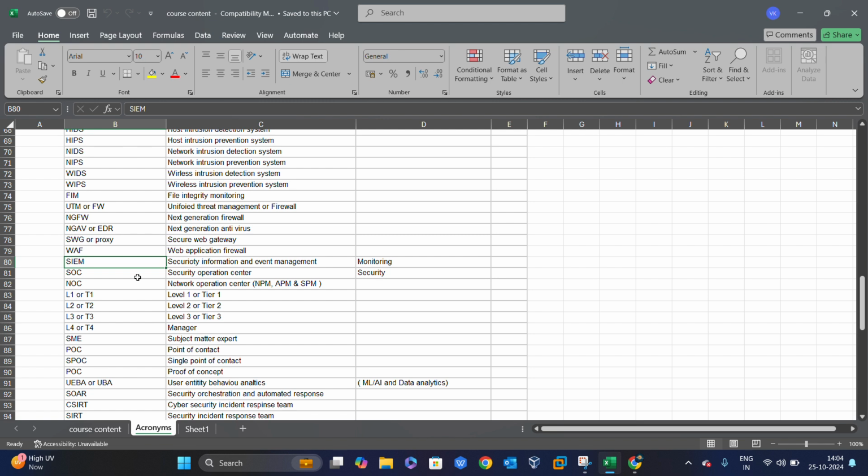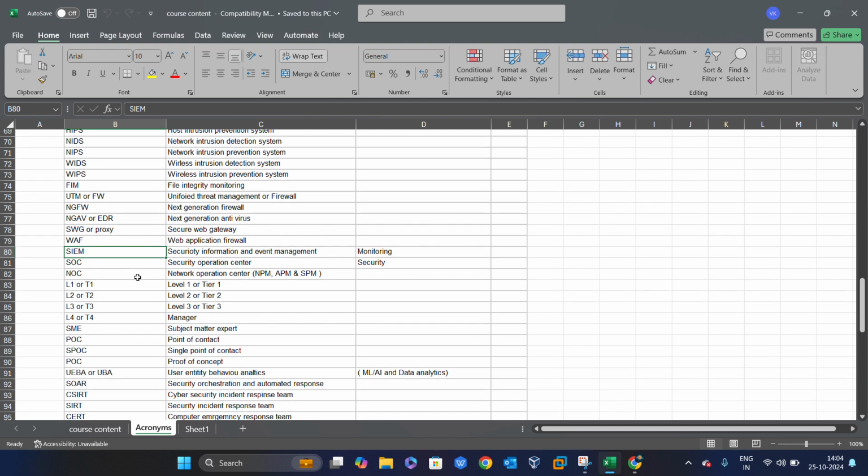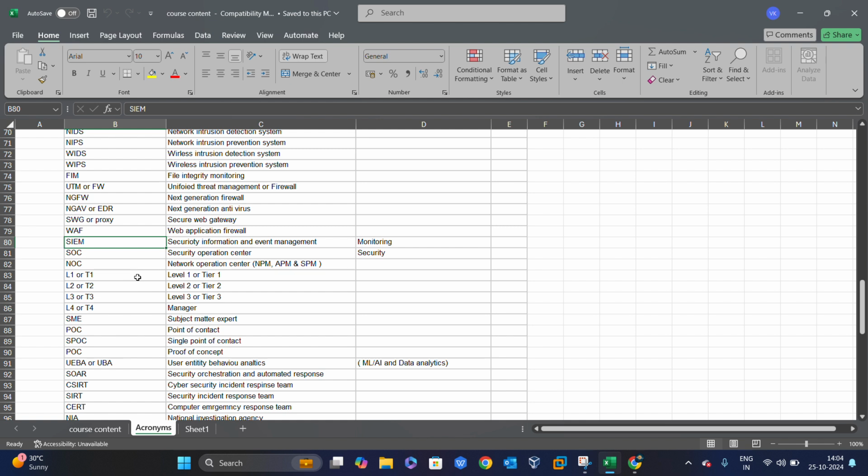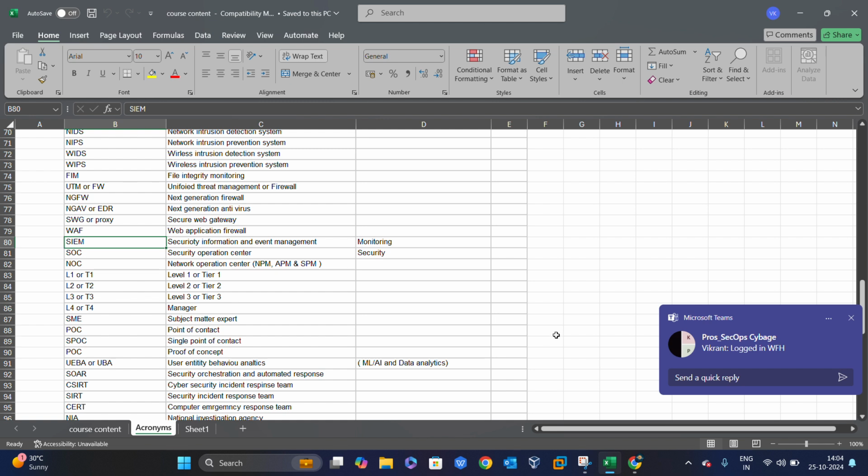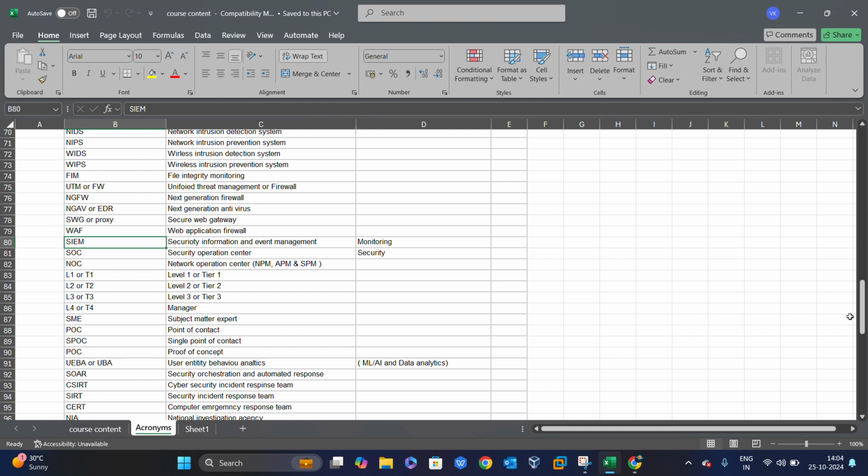Whenever any security incident happens, our SIEM tool automatically gives us a notification. So in the SOC team, the operations happen in one physical room, and we take care of incident investigation or forensic analysis. That is called SOC.